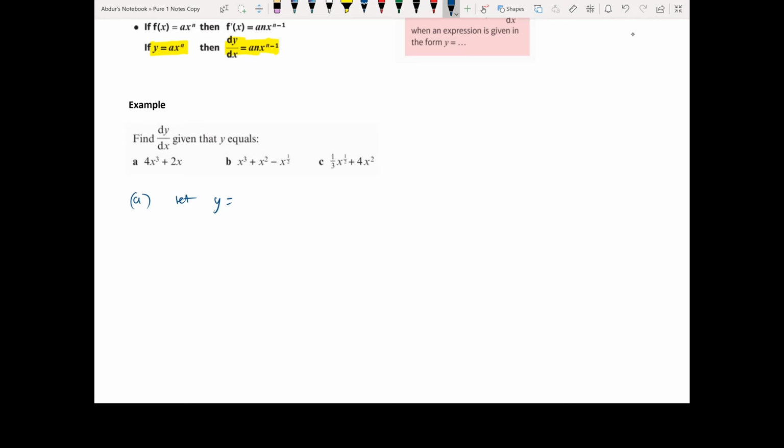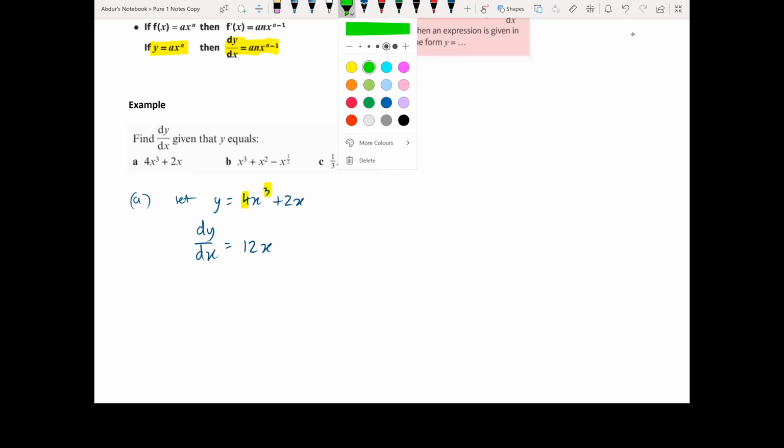So first example here, we can say let y equal 4x cubed plus 2x, and therefore dy by dx is going to be equal to, well, we multiply the 3 by the 4, that gets us 12x, and then we reduce the power here by 1, so that then becomes 2. Plus, we'll do the same thing to the second term.